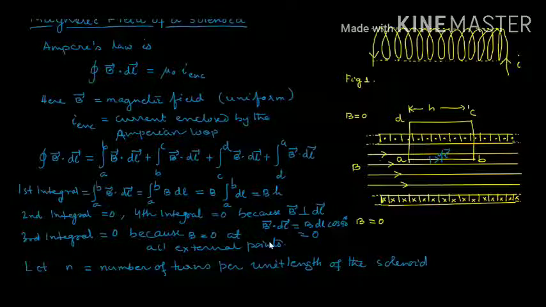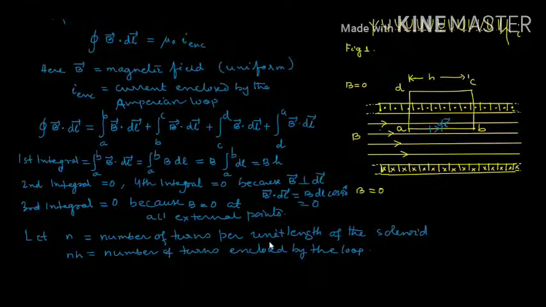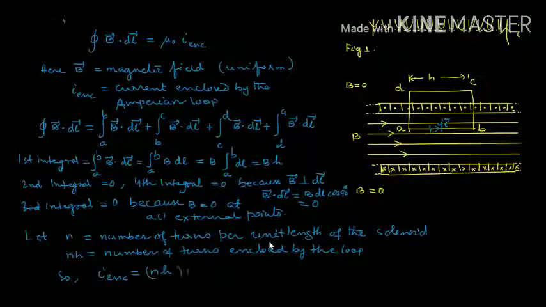Then the loop encloses nh turns, that is the number of turns enclosed by the loop. So I_ENC, the current enclosed by nh turns, is nh into I, where I is the current flowing through the solenoid.